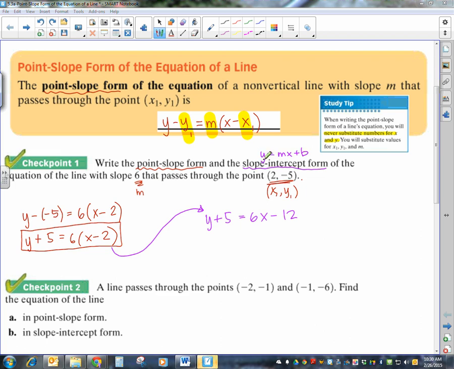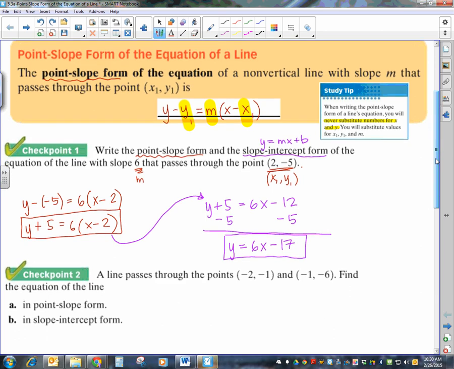So that means I got to get y all by itself. So we distributed the 6 through, and then I'm going to subtract 5 from both sides, and I will have y equals 6x minus 17. So there you have it. All right, so that's our slope-intercept form, and our point slope is like that.